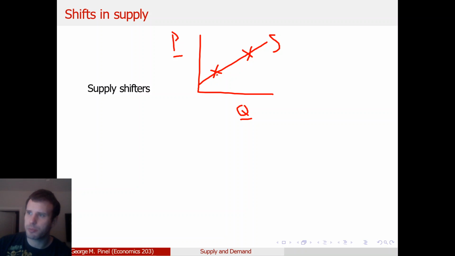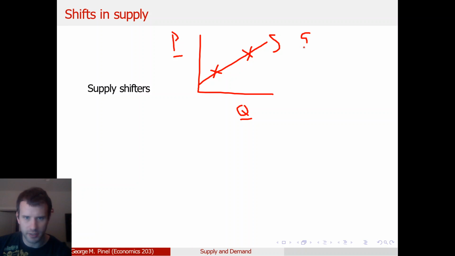Because of that, there's a relationship between those two variables. If the quantity supplied is increasing from the lower point to the upper point, that's not a shift of the supply curve. The function is not changing. What's happening is you're moving along the supply curve. It could be that the price has changed.